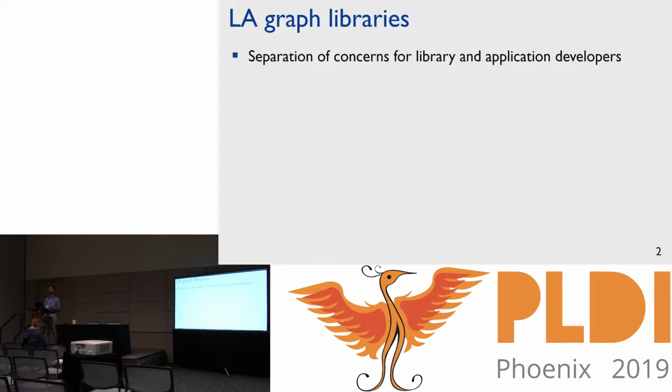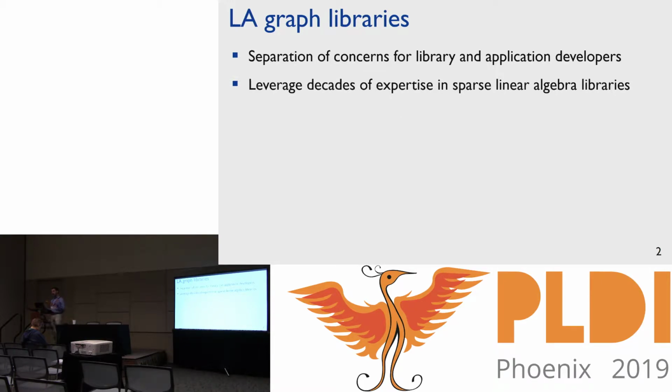So we want to be able to express different algorithms and compute building blocks for these applications, separating the concern of writing these two. And then, by writing linear algebra, we can take advantage of decades of expert knowledge that went into these libraries. So we want to combine these two components.